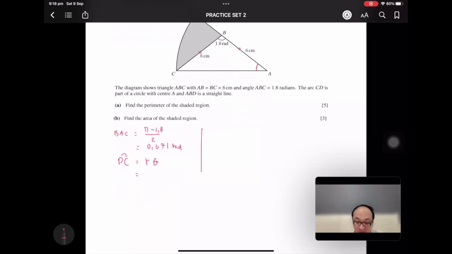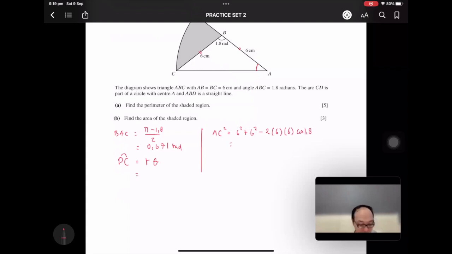We can find it using the cosine rule. AC squared equals 6 squared plus 6 squared minus 2 times 6 times 6 cos 1.8.